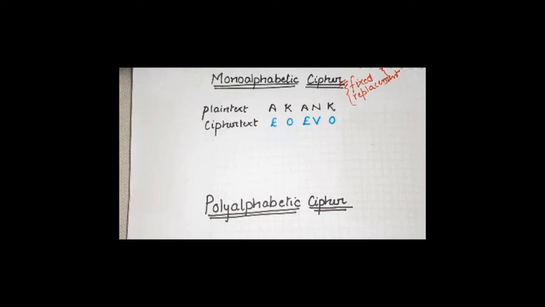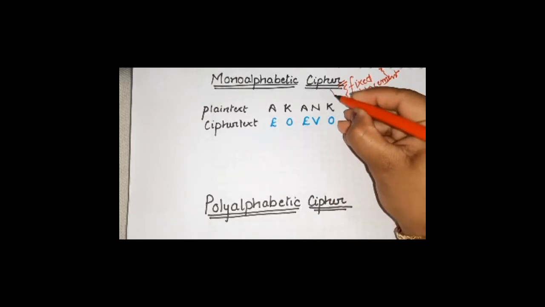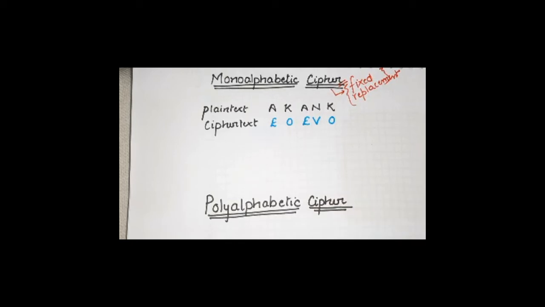That is called monoalphabetic cipher, and that is why we call it fixed replacement. Every occurrence of the alphabet is going to have the same replacement. I hope you can understand.